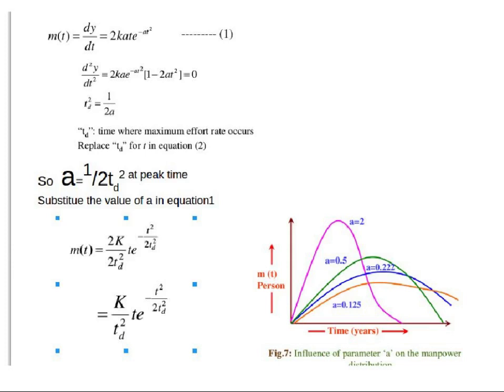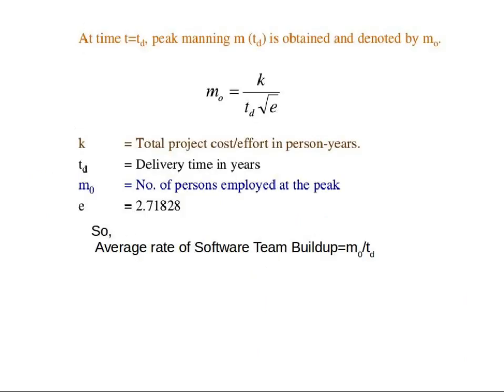If we substitute Td for t in this equation, the estimate for the development effort E is y(Td) = K(1 - e^(-Td²/2Td²)) = K(1 - e^(-0.5)).